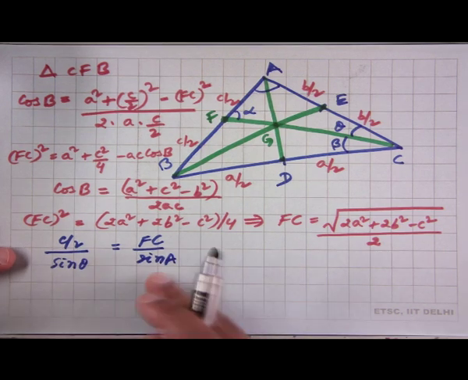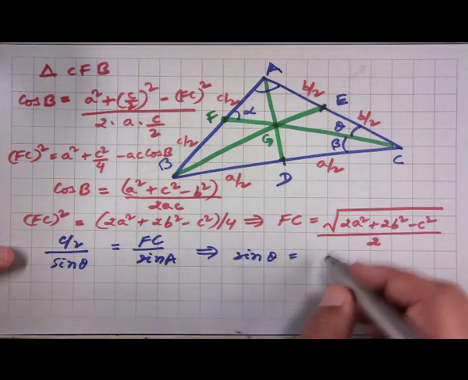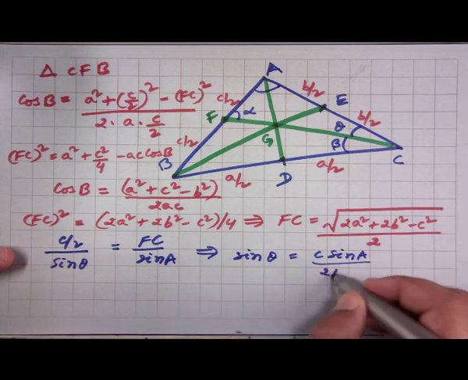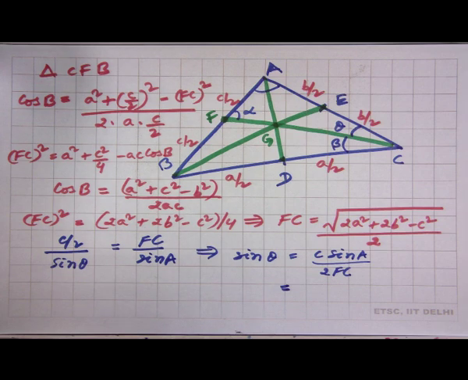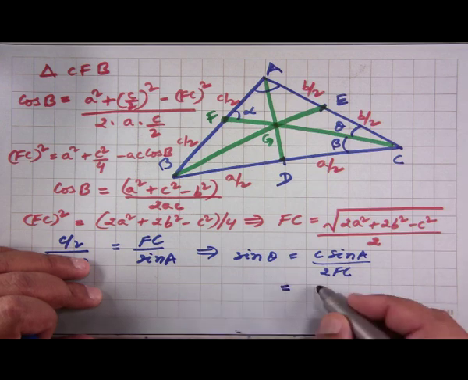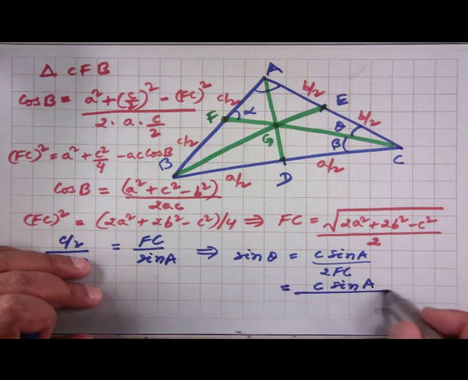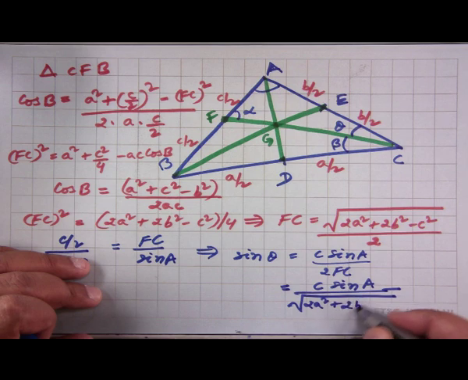And from here one can easily see that sine theta is equal to C sine A over 2 FC, and then here we can use the expression of FC that we just derived. So, finally what we get is that sine theta is C times sine A over square root of 2A square plus 2B square minus C square.